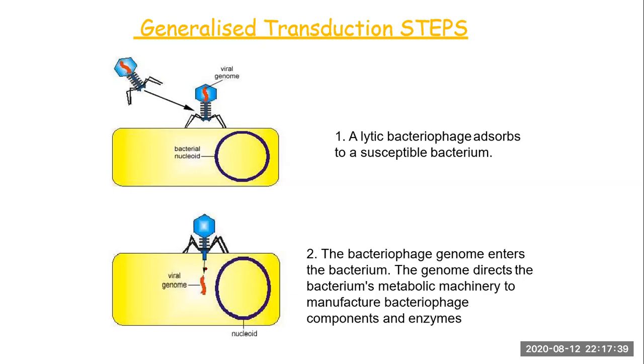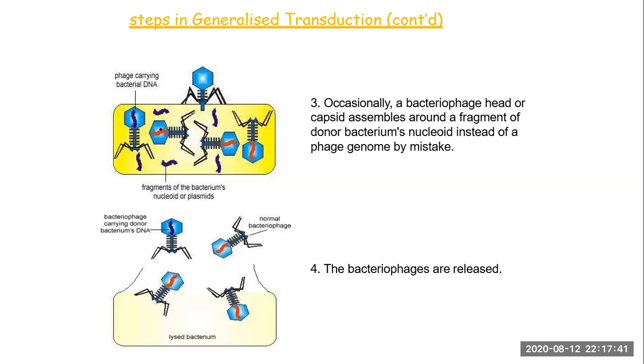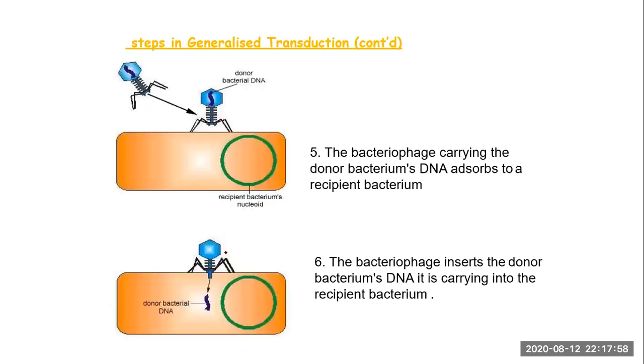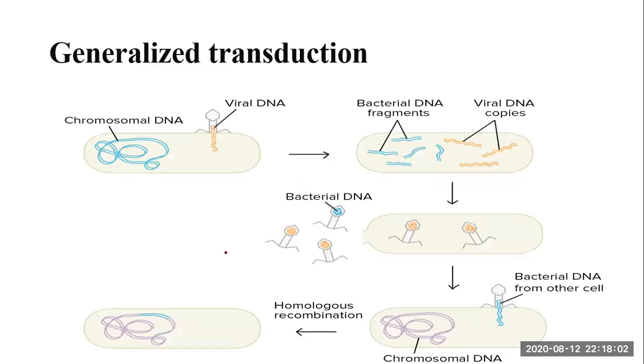Then the viral DNA and the bacterial DNA are broken down into different parts, and mature DNA is synthesized. Some viruses will carry bacterial DNA, and some will carry viral DNA. After that the cell will lyse, and the viruses will be released from the bacterial cell, and the cell will be destroyed.